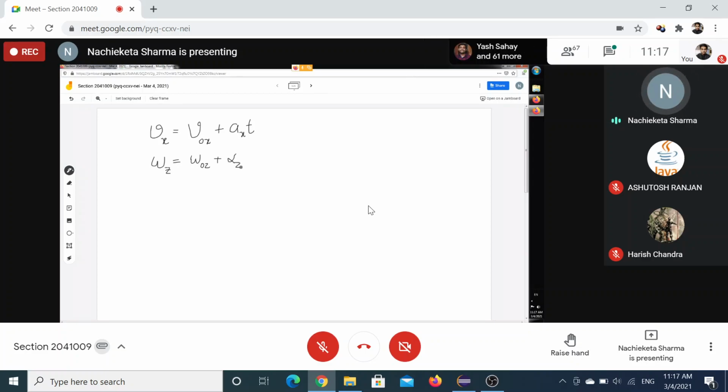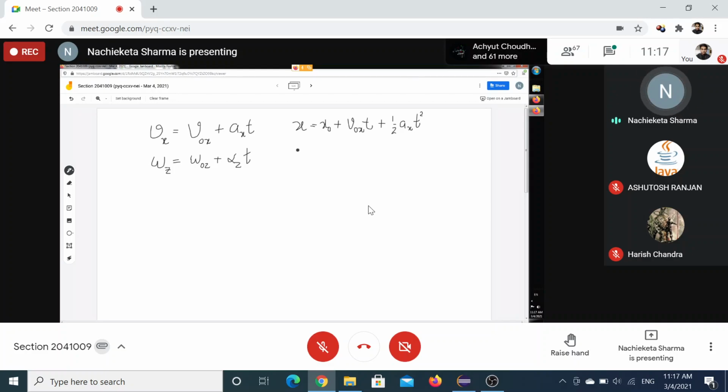Alpha z is the angular acceleration. Similarly, there is the equation x is equal to x naught plus v naught x t plus half a x t square.